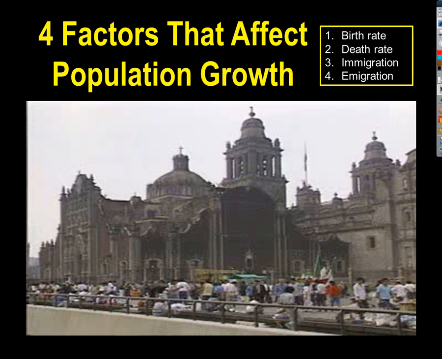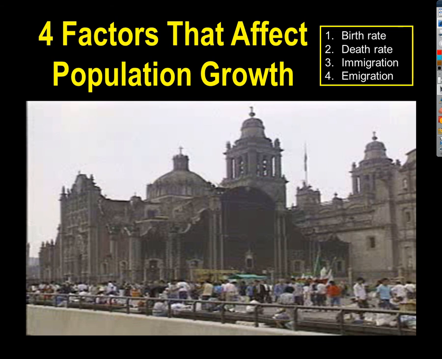So then we would see emigration, organisms and animals leaving a particular area, which is going to bring down the population number and lower competition and things like that. But those two, what I want to point out is they have a direct correlation with each other.